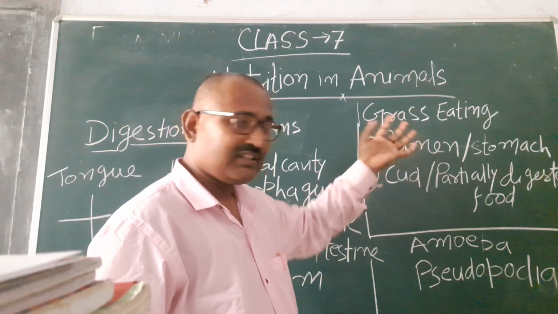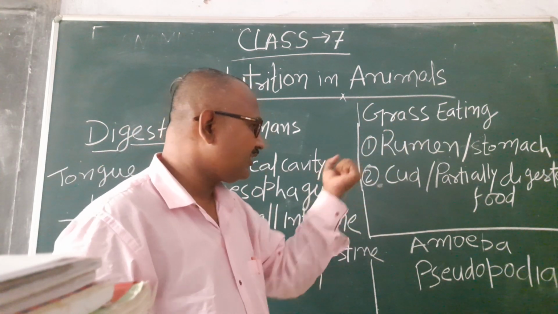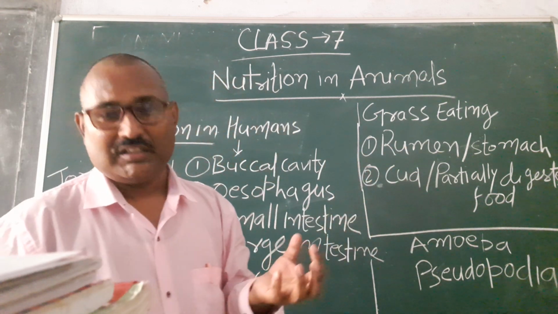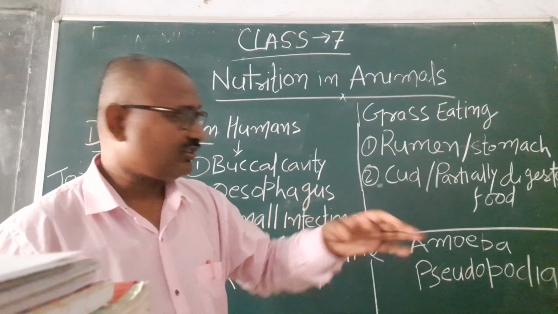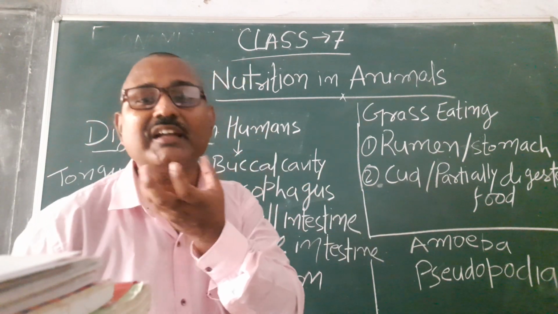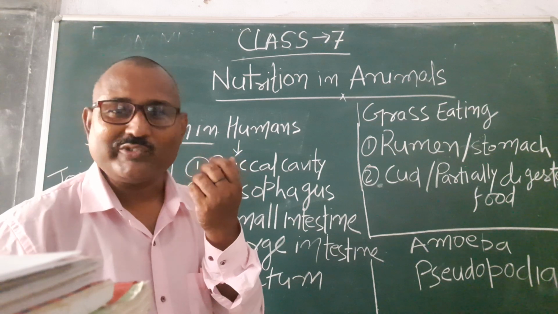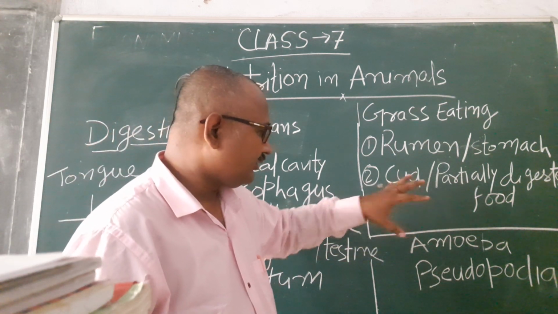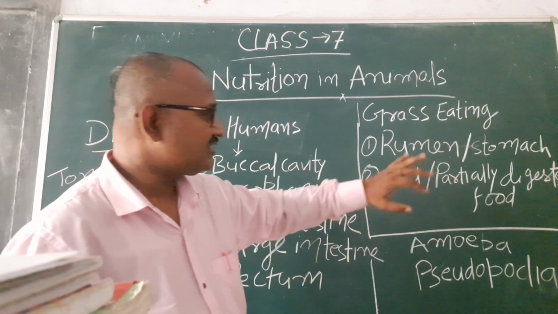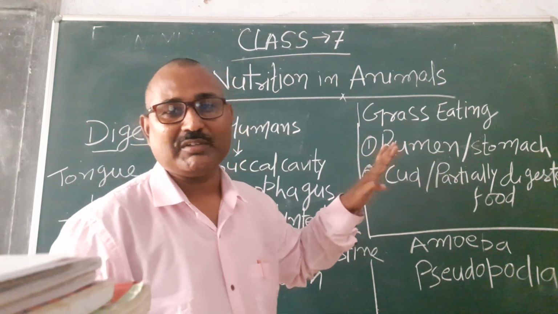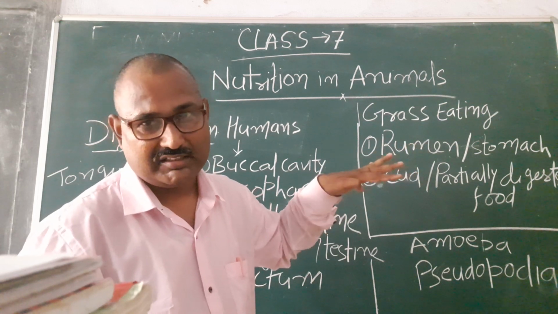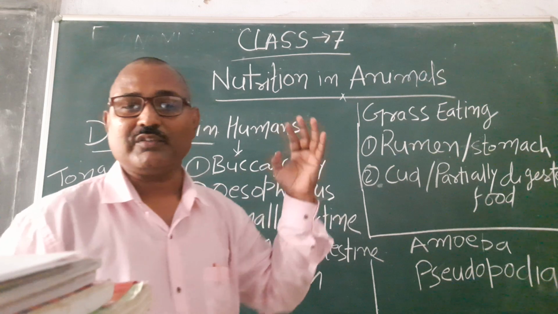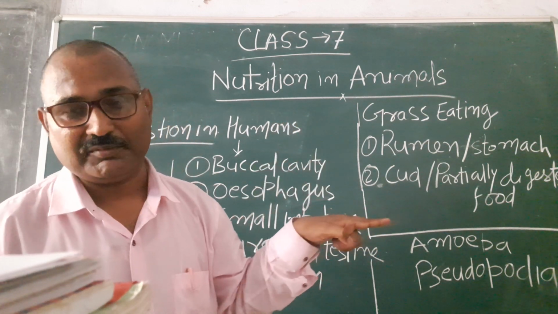First they store it in the rumen, and then the half-digested grass material, called cud, comes back into their mouth and they swallow it again so that they can get the nutrient value. This is rumination. Four chambers are present in a cow's stomach.